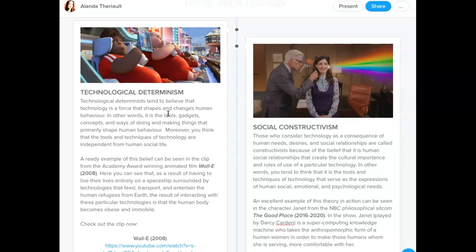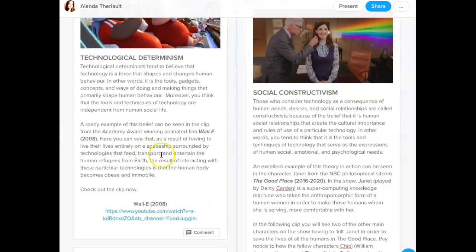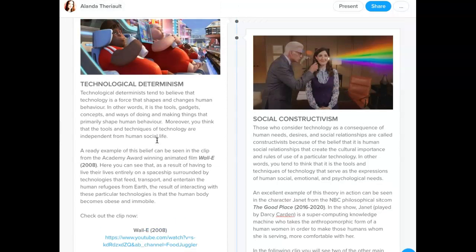They are fed lots of sugary, yummy things. They have technology that moves them around. There are little screens in front of their faces where they can be constantly intellectually stimulated and entertained. But you'll notice something very particular: the biological result of these technologies has been to get quite obese. When you watch the clip, you'll see how this technologically deterministic idea is expressed. It's quite funny and entertaining.